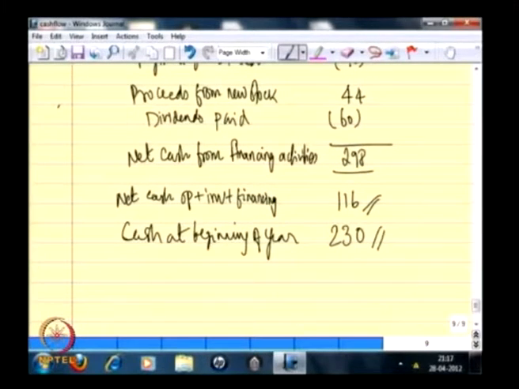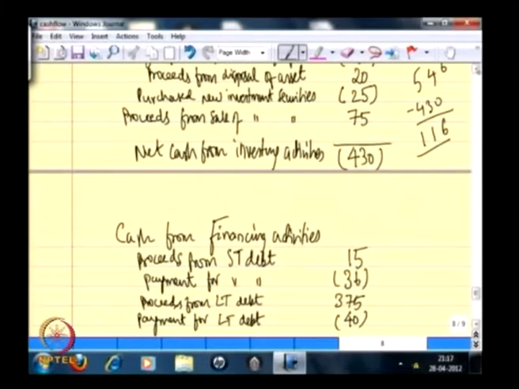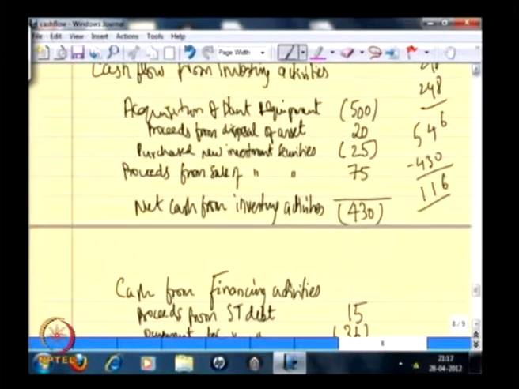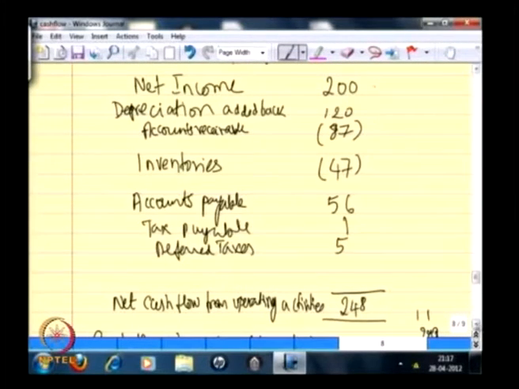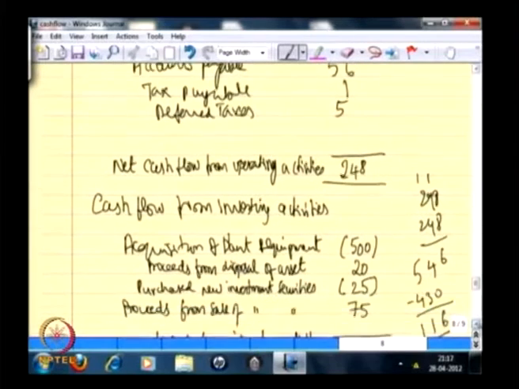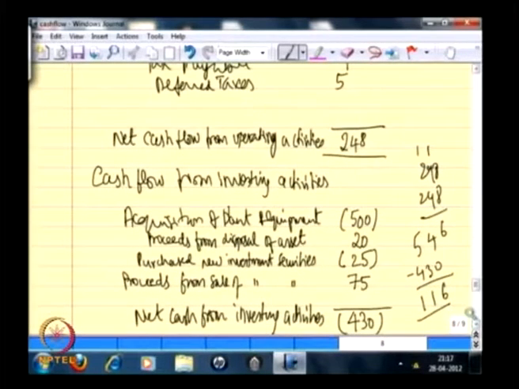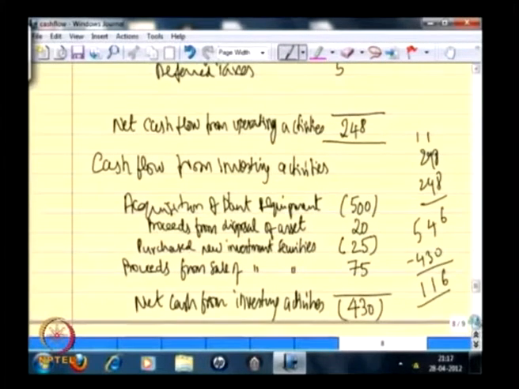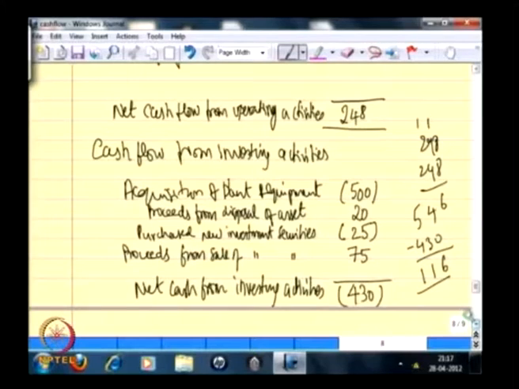The answer to that is very simple. Now, remember that there was one particular transaction wherein we had dealt with the disposal of a fixed asset when we calculated the cash flow from investing activities, and I told you that acquisition or disposal of a fixed asset is an investing activity.